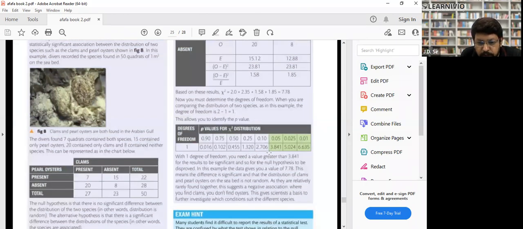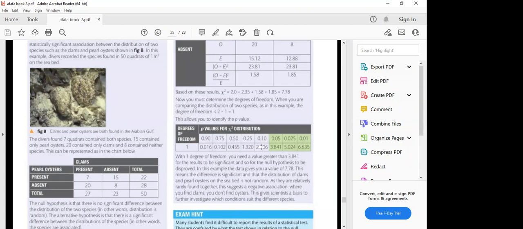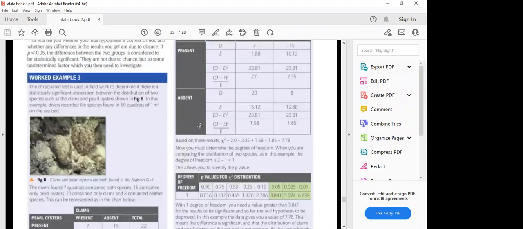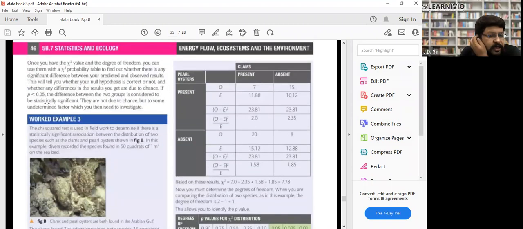So where is 2.43? It will lie in this bracket, between 0.01 and 0.10, right? So it is statistically significant.